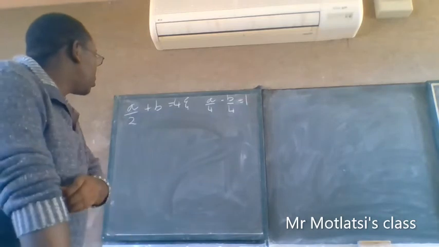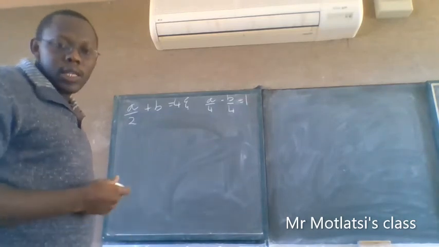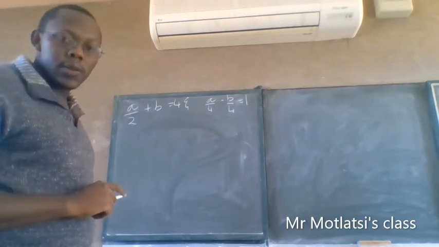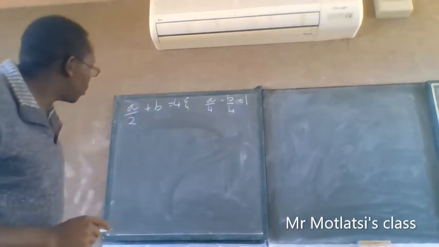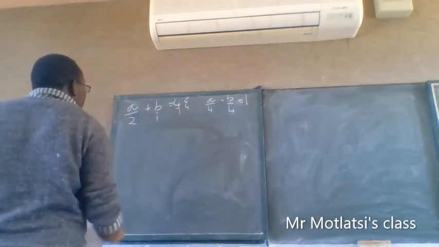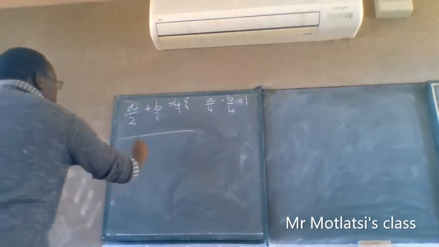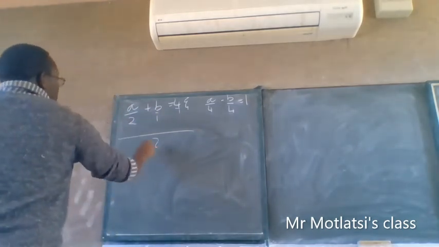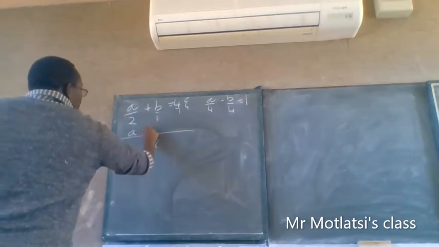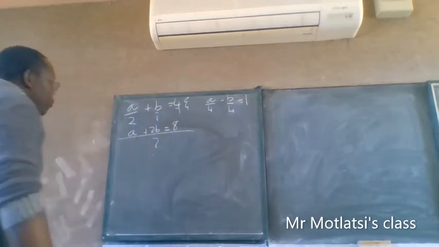Well, let's make sure that we remove the fraction first. So this one over 1, over 1. And then what we have here is 1 times a plus 2b equals 8.